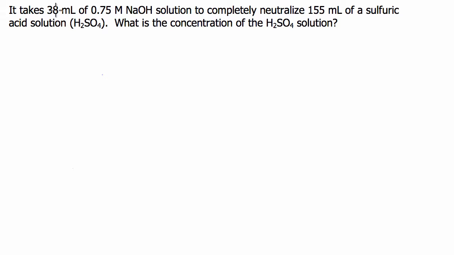So if we have sodium hydroxide, NaOH, and we're adding to that H2SO4, an acid plus a hydroxide gives a salt, which in this case is going to be sodium sulfate, Na2SO4, plus water.